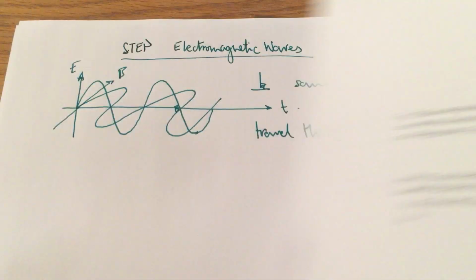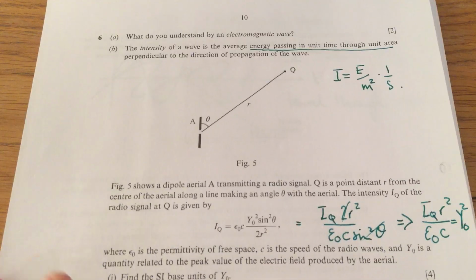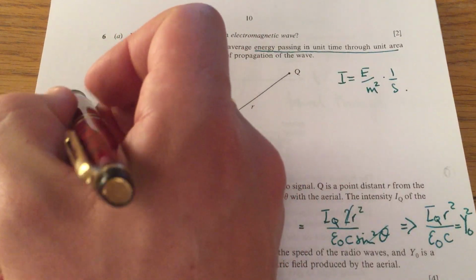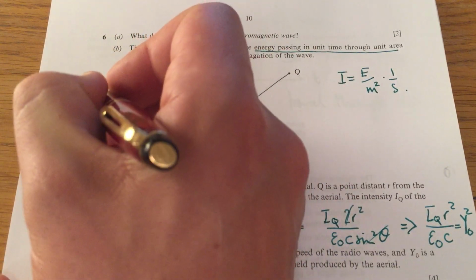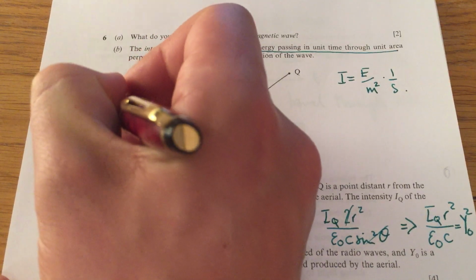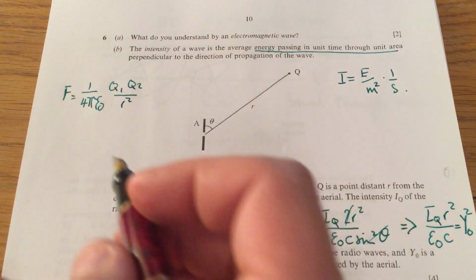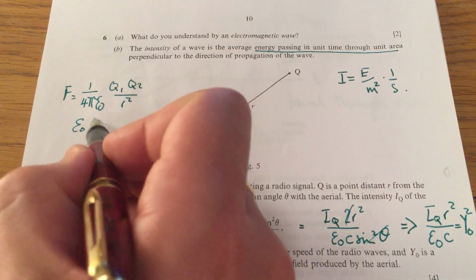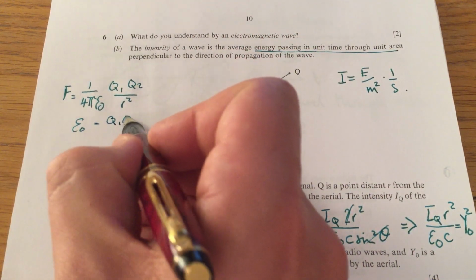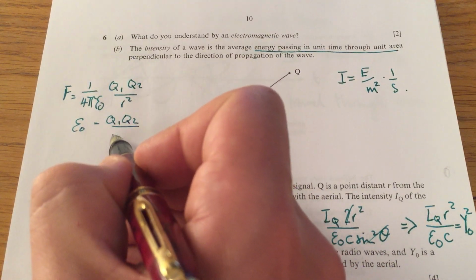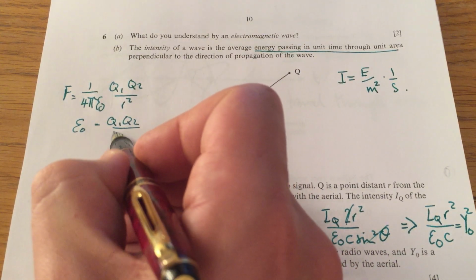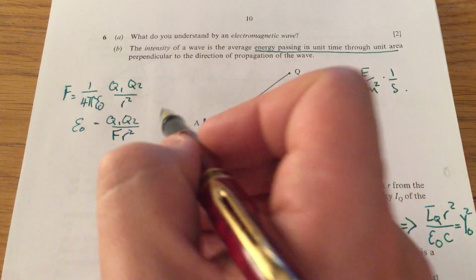Well, we can work out E naught. Let me use this space actually whilst I'm using it. We can say that I know from Coulomb's law that F is 1 over 4 pi E naught, Q1 Q2 over R squared. So E naught is going to be Q1 Q2 over force R squared.